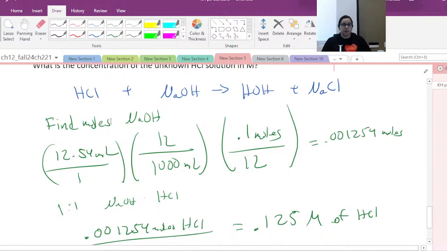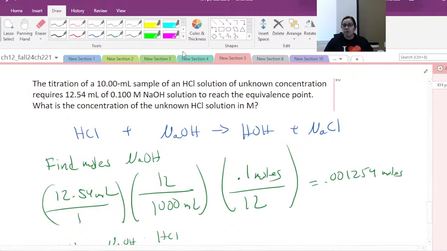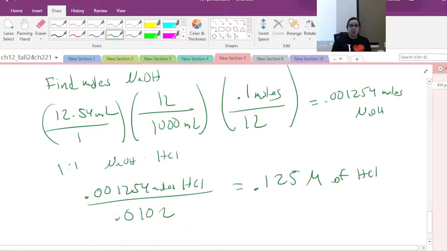So back to the balanced equation. So that was probably the easiest way to see it. Yeah, so let me write that just so it's clear. So this was moles of NaOH that we found, and then a 1-to-1 ratio, but then we can just take moles over the liters that we had and get our concentration.